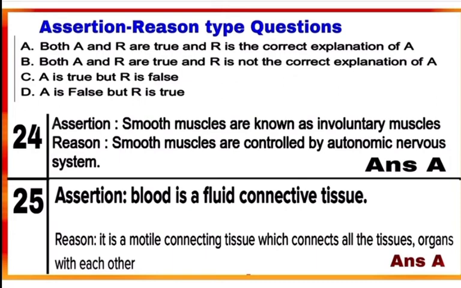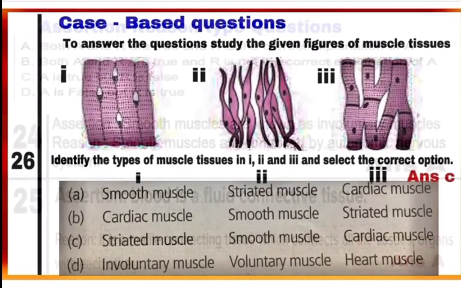Blood consists of fluid matrix along with free cells which perform many functions like transport of gases, nutrients, waste, etc. involving all the tissue and organs of the body. So here mark A as a correct answer. Both A and R are true and R is the correct explanation of A.